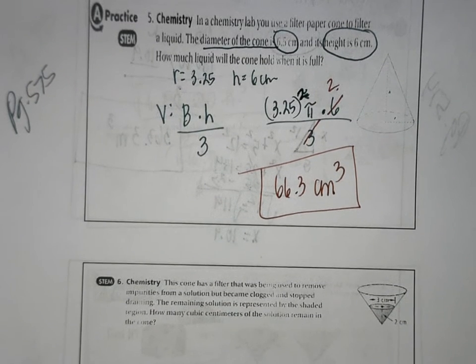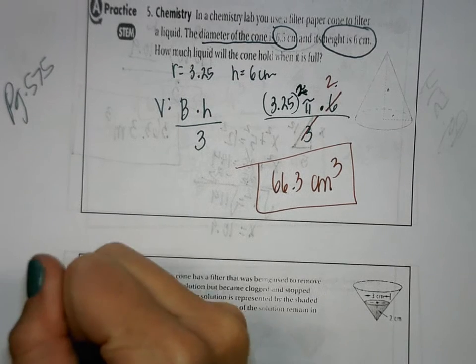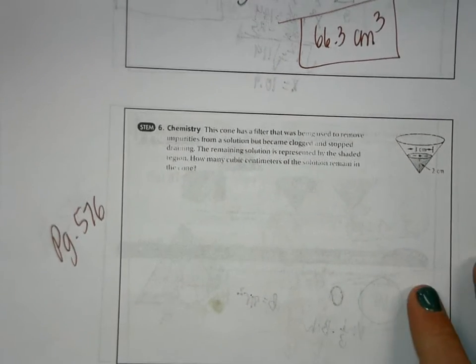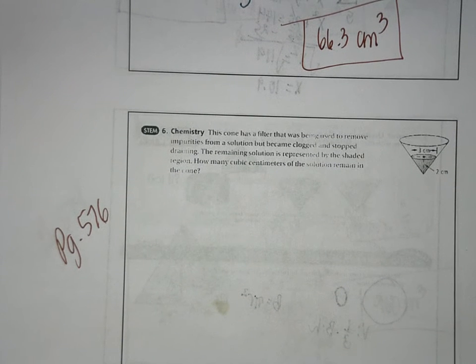All right, number 6, page 576. Okay, so again, listen up. It says, the cone has a filter that was being used to remove impurities from a solution but became clogged and stopped draining. The remaining solution is represented by this shaded region.